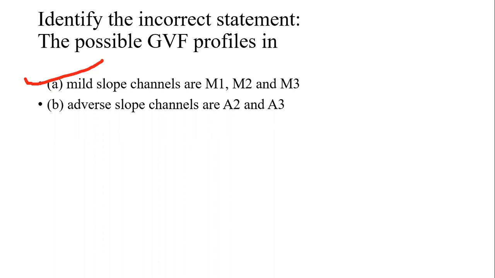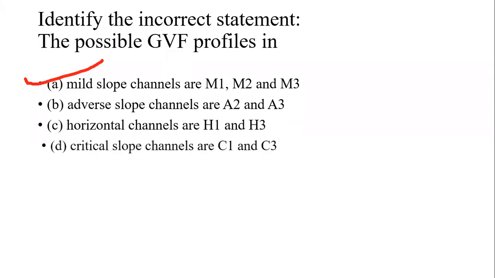Second, if someone has marked those notations, please do remove them because it is exactly matching option A. Okay, so the options: mild slope channels are M1, M2, M3; in adverse slope channels they are A2 and A3; in horizontal channels they are H1 and H3; and in critical slope channels they are C1 and C3. We have to identify the incorrect statement from these four statements.